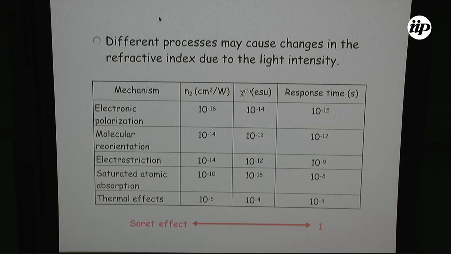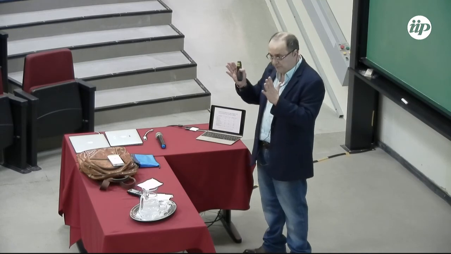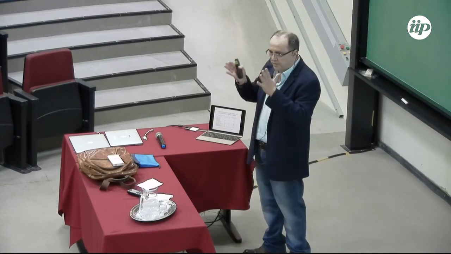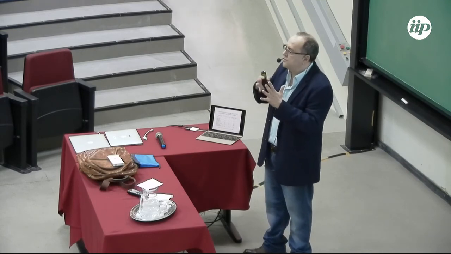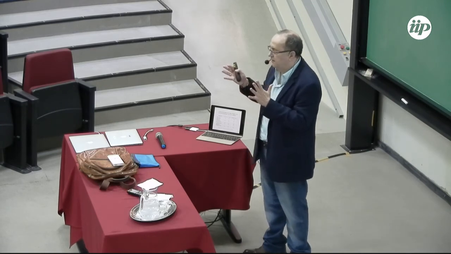The Soret effect is essentially the following. If you have a colloidal sample, you have different particles homogeneously distributed in your medium. If you establish a difference of temperature between two surfaces of them, you have the migration of these particles from one part to the other of the colloid. Okay?